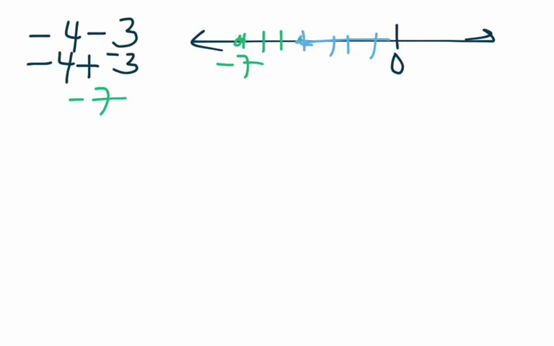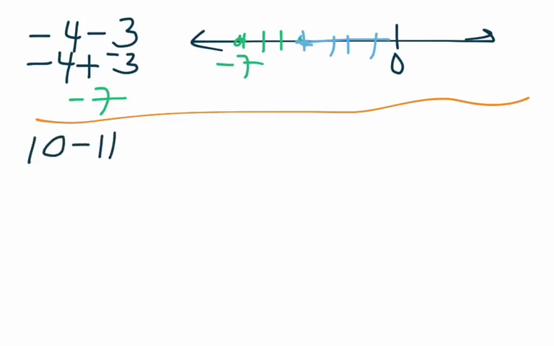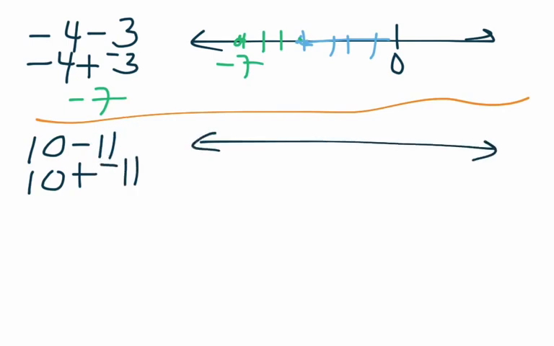Next example, what is our next example? 10 minus 11. So that's going to be 10, add the opposite. So what's the opposite of 11? That would be negative 11. And then again, if you're comfortable with not doing the number line, that's totally fine.